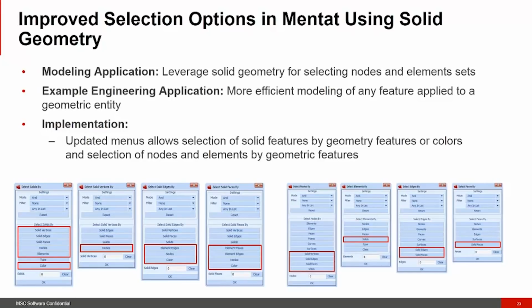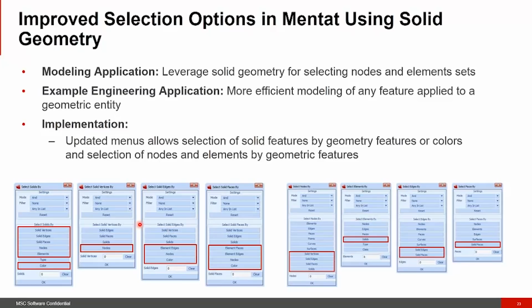There are a lot of different menus. I'm not going to go through each one of them, but the left side menus talk about how you can select solid vertices via either higher order or lower order entities, or FEA things like nodes and elements, or color.